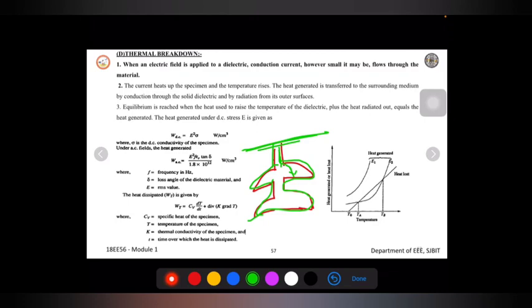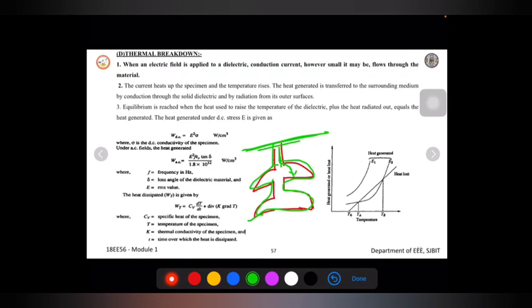W_dc equals E squared into rho, in watts per centimeter cube, where rho is the DC conductivity of the specimen. Similarly, for AC it is given by E squared F epsilon_r tan delta divided by 1.8 into 10 to the power 12, where F is the frequency, delta is the loss angle of the dielectric material, which was studied in the 5th module, and E is the RMS value.